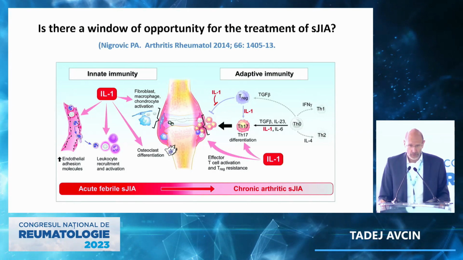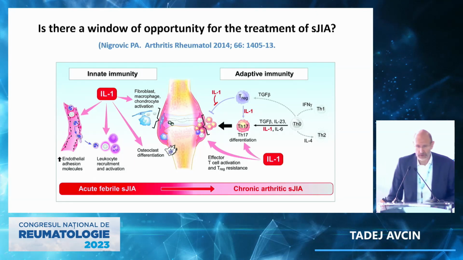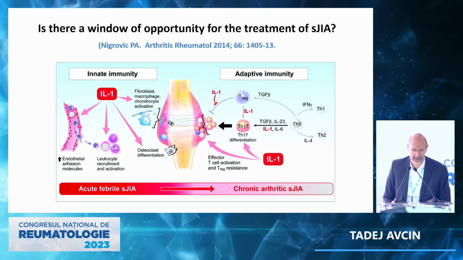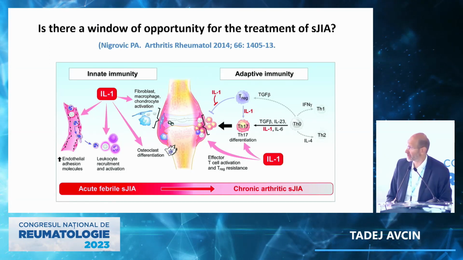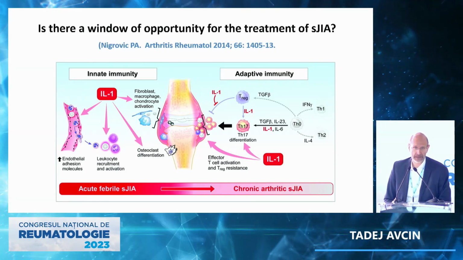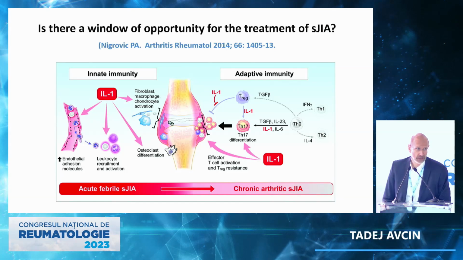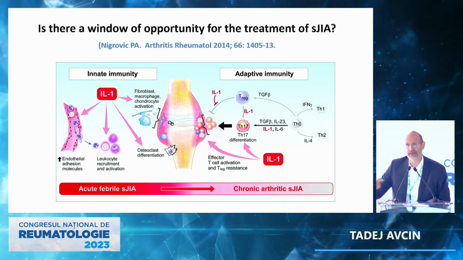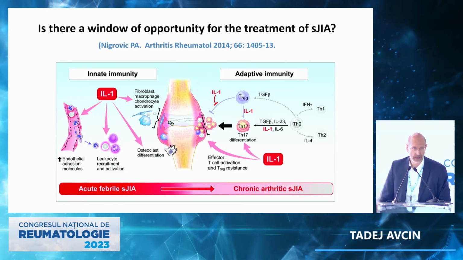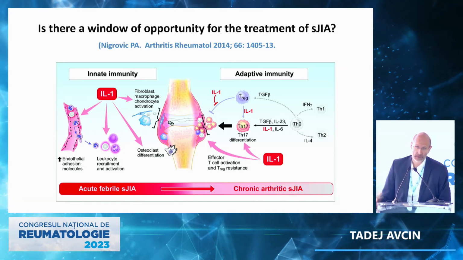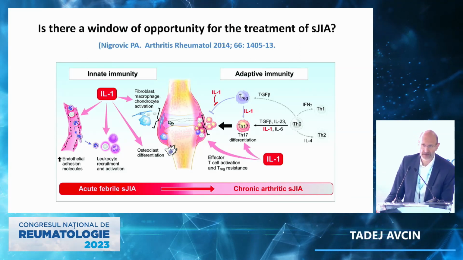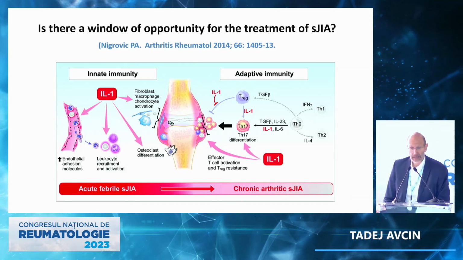A few years ago, Peter Nigrovich from Boston Children's published this review highlighting the windows of opportunity in patients with systemic juvenile idiopathic arthritis, highlighting that systemic JIA at an early stage of the disease is more of an autoinflammatory disease, and then during the course of the disease transforms into a more, let's say, adaptive immune response with the Th17 lymphocytes.